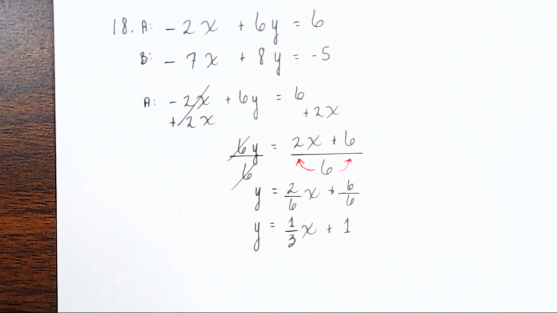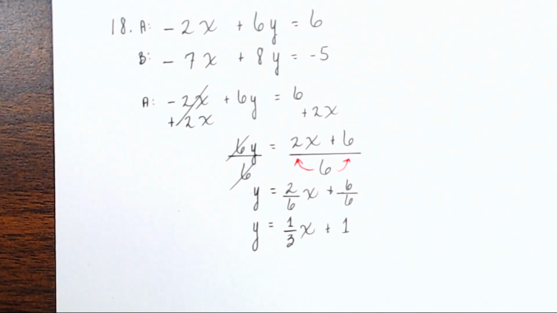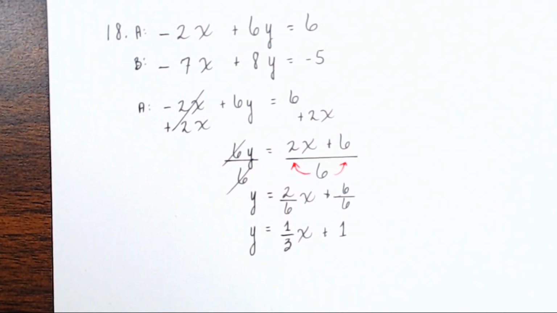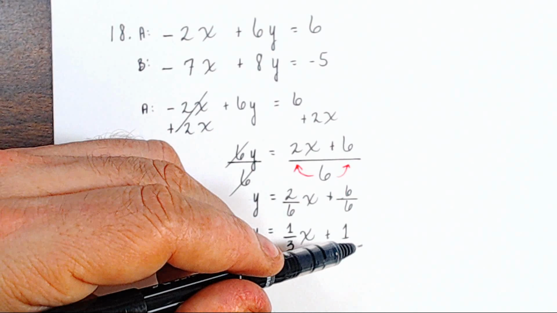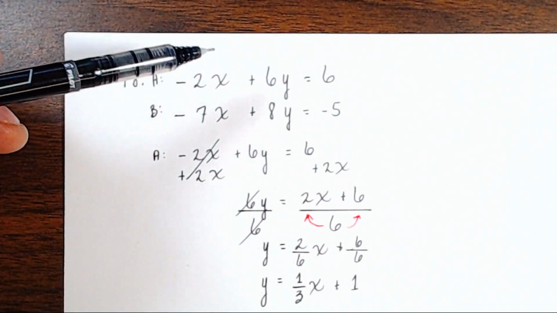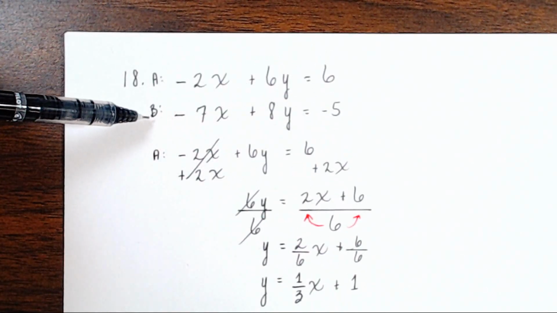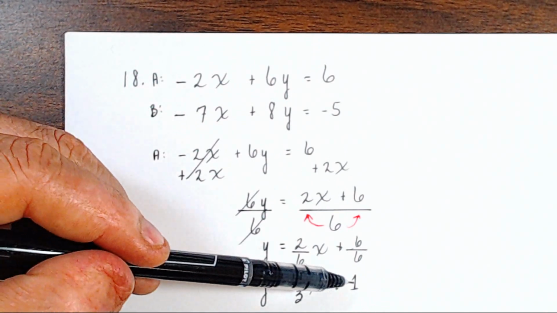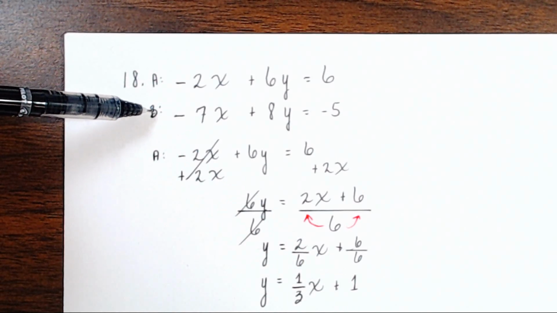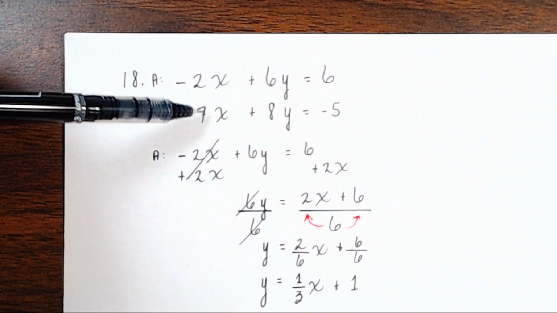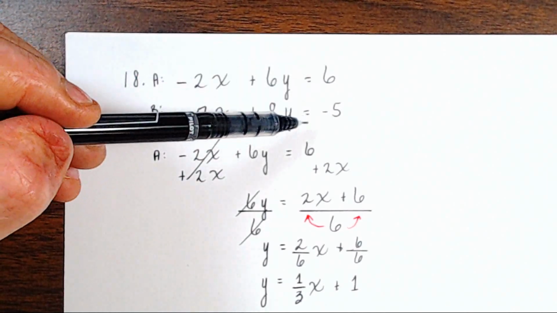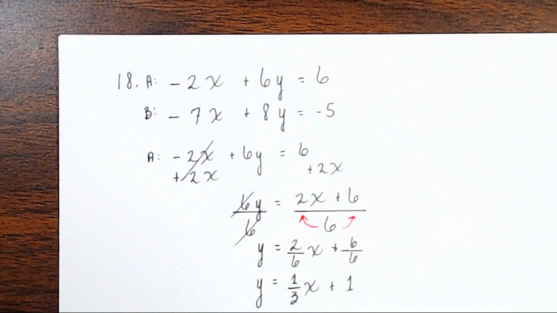Now we actually have two paths we can go down. Do you see how we have y equals something? I could take 1/3 x plus 1 and stick it in this B equation here. Because I said y equals 1/3 x plus 1, I could go over here into B and write negative 7x plus 8, open parentheses, 1/3 x plus 1, close parentheses, equals negative 5.